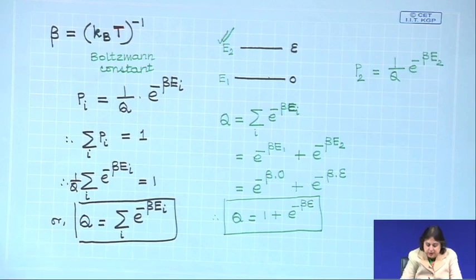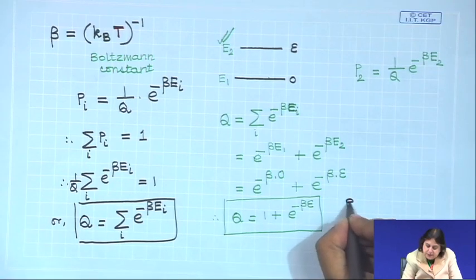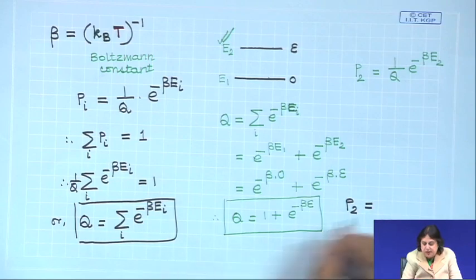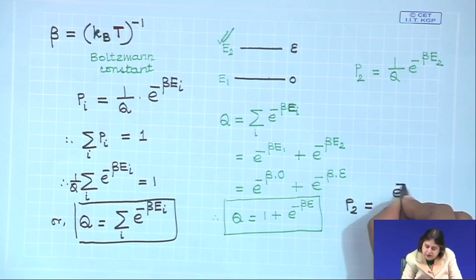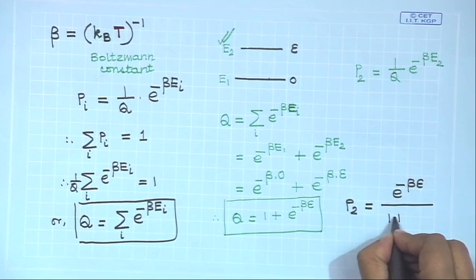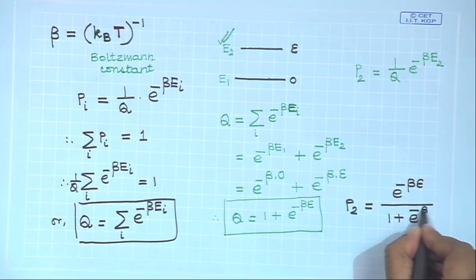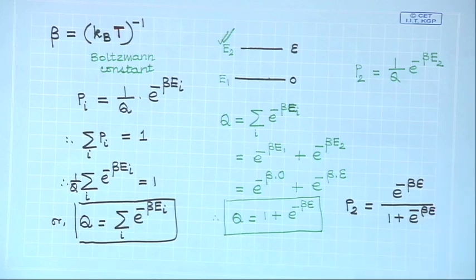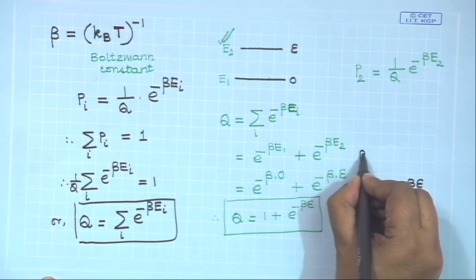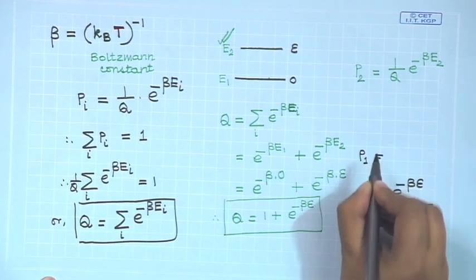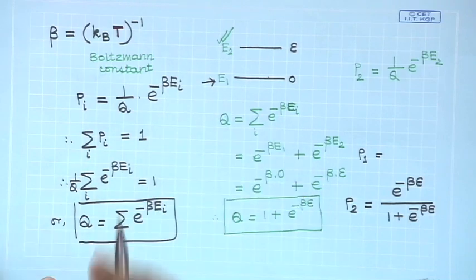right. So, if that is so, then I can very quickly write down that P2 is going to be equal to e to the power of minus beta epsilon divided by 1 plus e to the power of minus beta epsilon. Now, what is P1? P1 is the probability that the system occupies the lower energy state, that is this one.